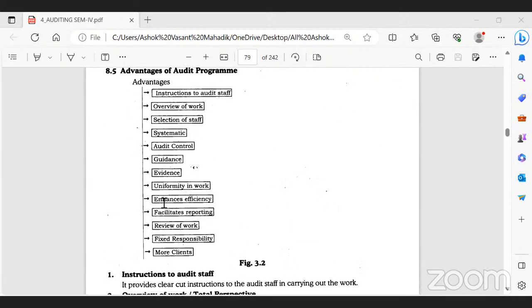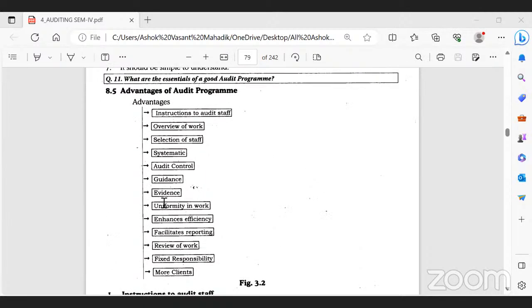Do go through the advantages of an audit program. When you make an audit program, there are various advantages associated with it. You have good instructions for your audit staff. They will not be confused. They will be clear about what they have to do. They may get an overview of the work. Selection of staff becomes easy, that this person is good for this work on this day.